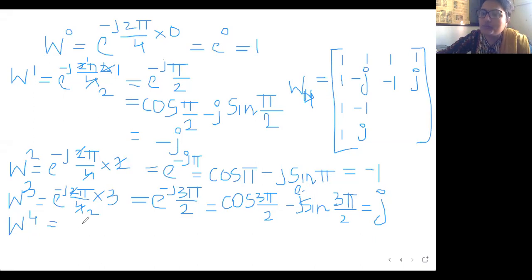Cos 2 pi is 1. What is sin 2 pi? It is 0. So only cos 2 pi remains. Right? So what value did we get? 1. So w raised to 4 is equal to 1, and this value is going to be 1 over here.